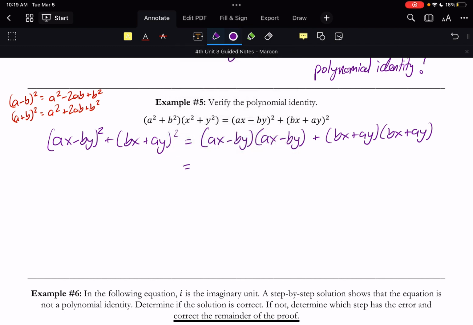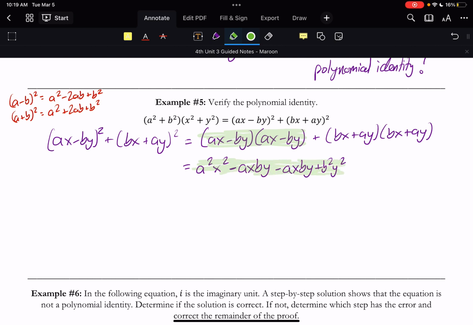So ax times ax is a squared x squared. And then this is going to be minus ax times by. And then I get minus ax by again. And then plus b squared y squared. So that is, again, doing the binomial distribution to that first part.